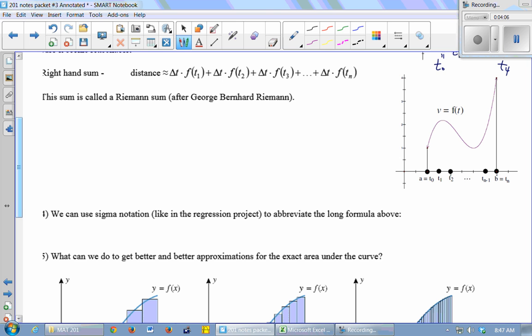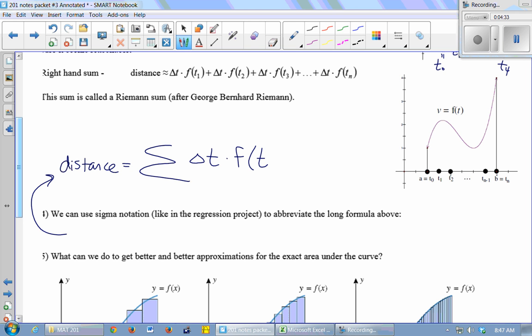So if I was going to use sigma notation, I'm going to write it up here because I have more room. Then I would write distance, or area under the curve, is the sum. And every term looks like delta t times f of t with some subscript, and you just name that subscript a letter. Most commonly used letters would be i, j, and k.